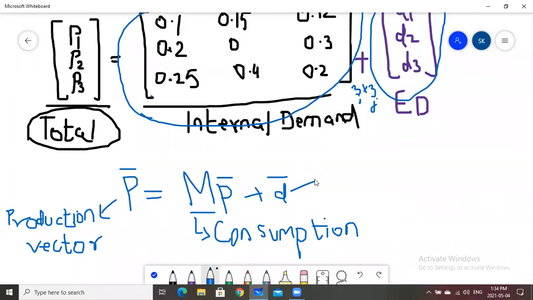D bar is the external demand vector. These matrices are showing different terms that have to be studied in the Leontief input-output model. Now there is an important assumption over here, and that is that this D bar is not equal to 0.